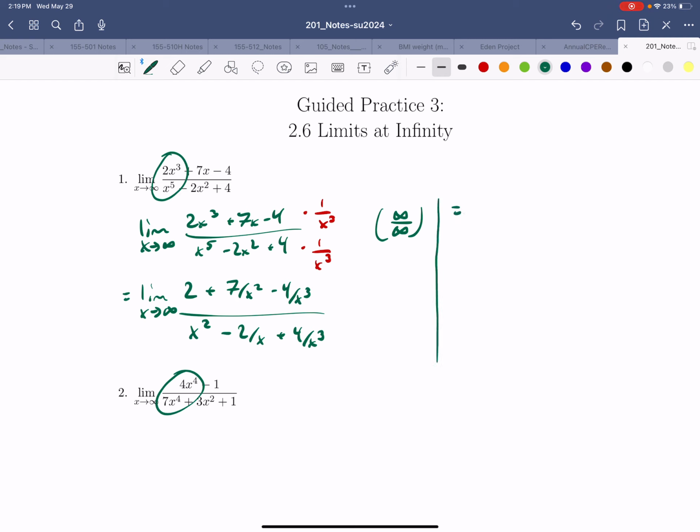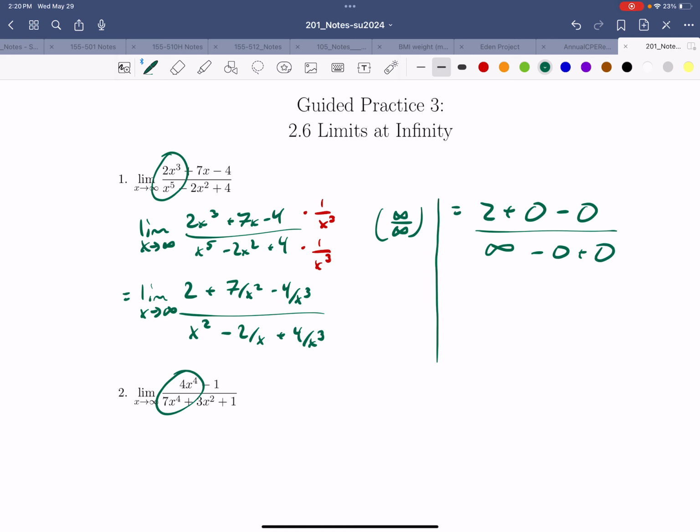I'm going to plug in infinity, so to speak. I mean, not really plug in, but as x gets larger and larger, we wind up getting 2 plus 0 minus 0, divided by, well, let's see. It's kind of blowing up there a bit.